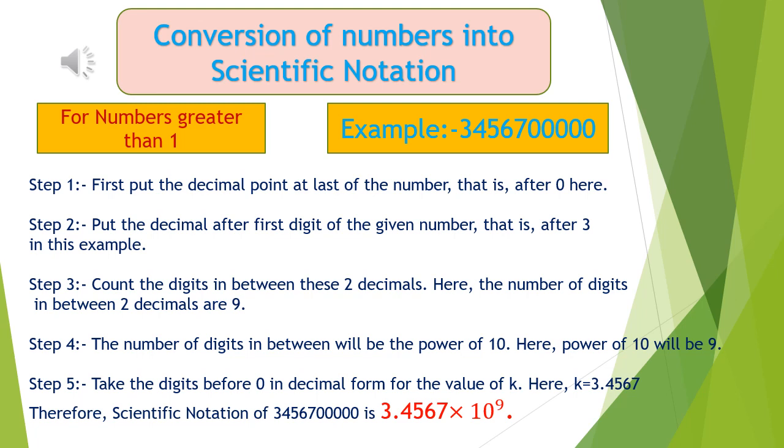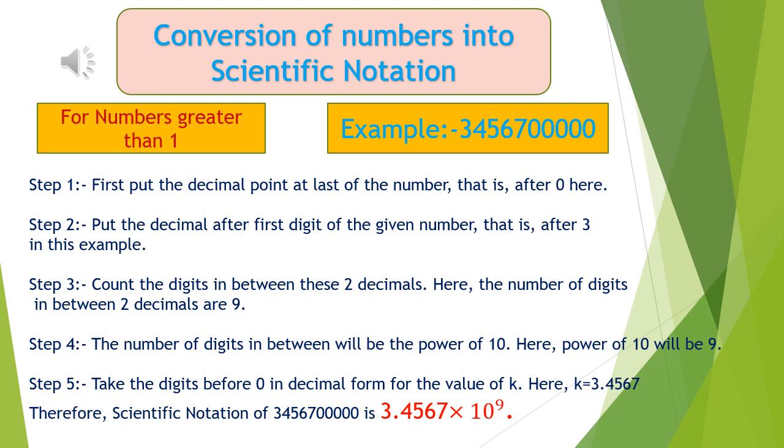Now step number 5 says to take the digits before the zeros from your original number in decimal form for the value of k. You need the two values k and n. Now n is found, that is 9, but what will be the value of k? k will be 3 point, because you have put the decimal after 3.